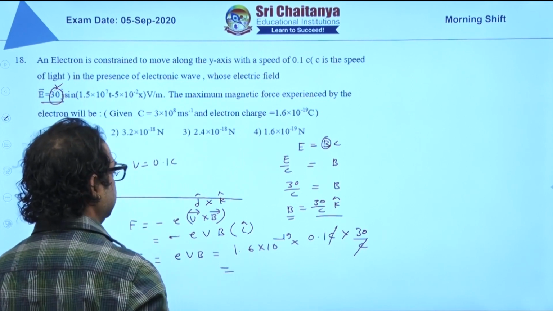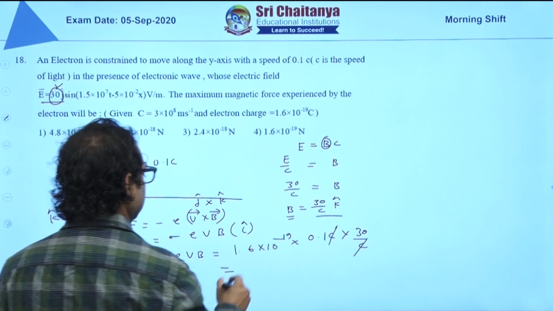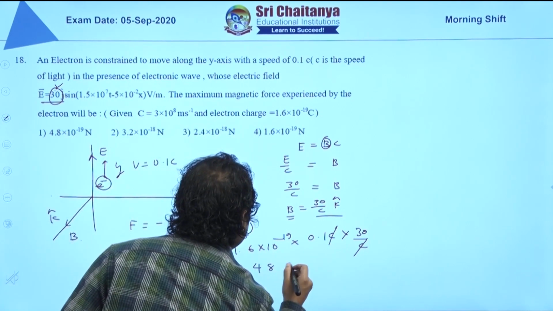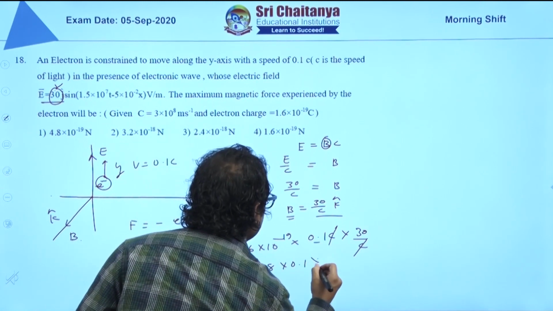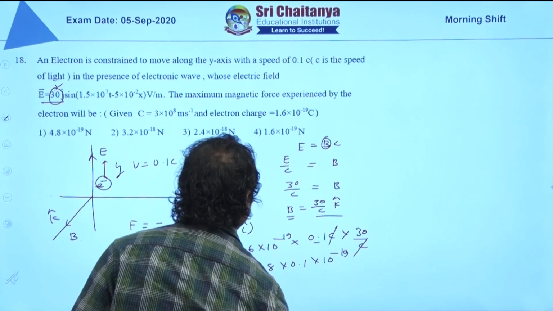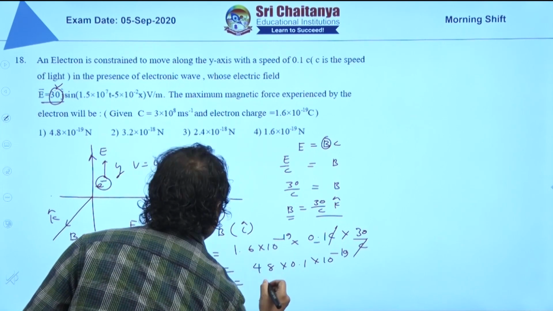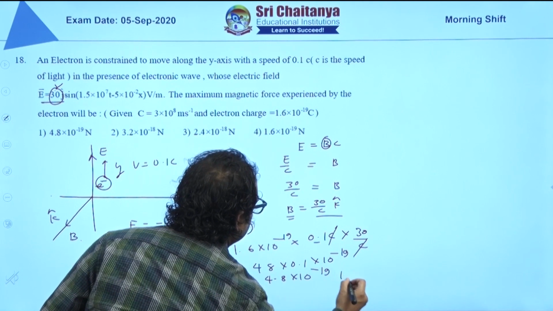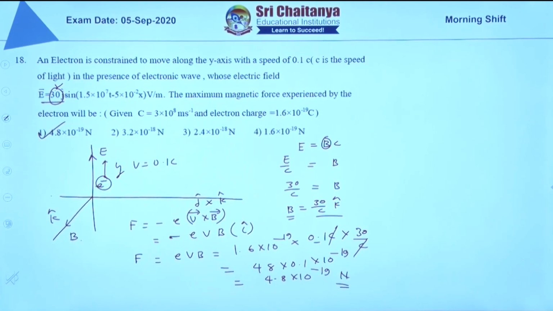So, 16 into 3, we get 48, into 0.1, into 10 to the power minus 19. So, that is 4.8 into 10 to the power minus 19. So, we are getting 4.8 into 10 to the power minus 19 Newton. So, this is the answer. So, option 1 will be the answer. So, we will proceed to the next question.